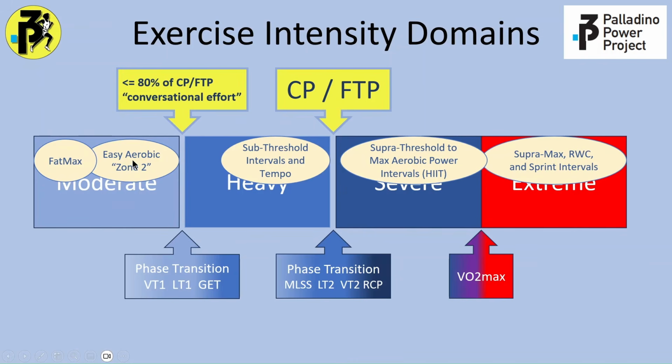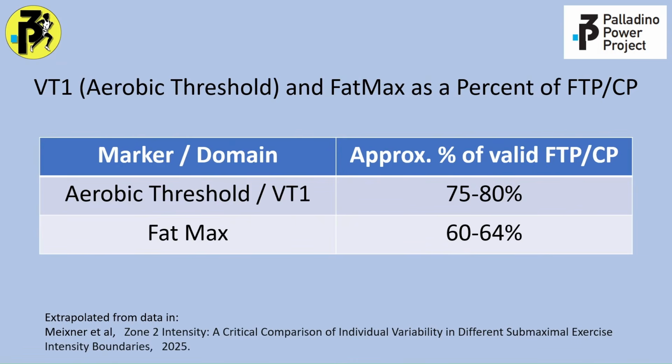So let me tackle this first one here on the left, Fat Max and easy aerobic Zone 2. I use "Zone 2" in quotes because there are many zone systems, and this is the more contemporary pop culture name of Zone 2.